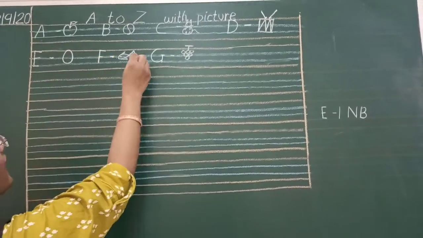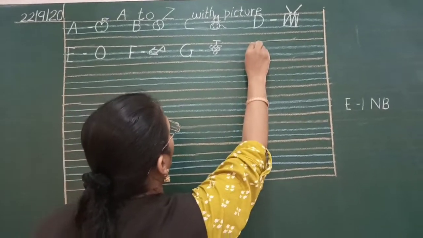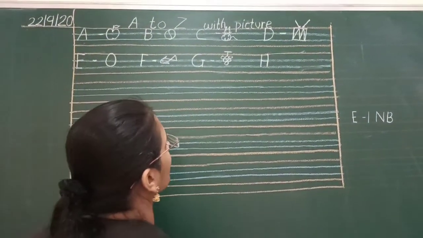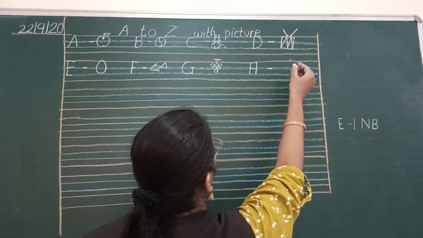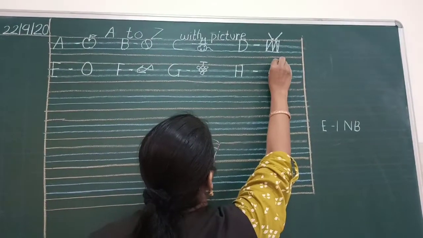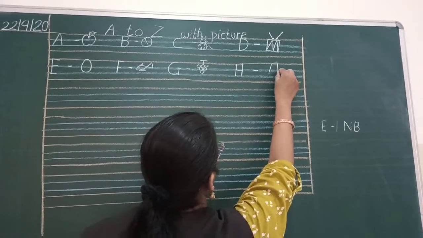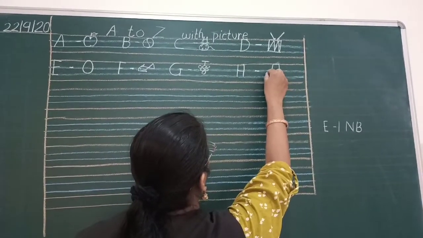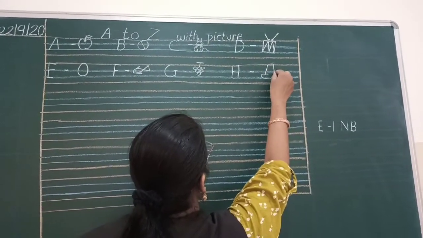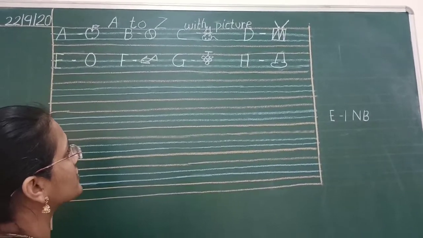Again E, F, G. Then which alphabet will come? Yes, capital alphabet H, and H is for what? H is for hat. So just 2 slant lines like this, and then join these 2 lines and draw a curved line over here. See this way. Okay, so this is your H for hat.